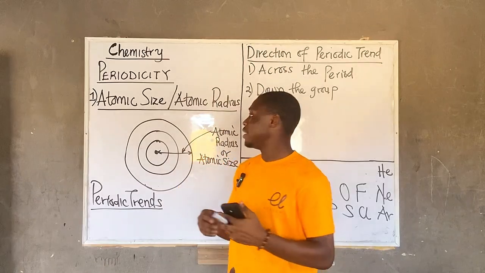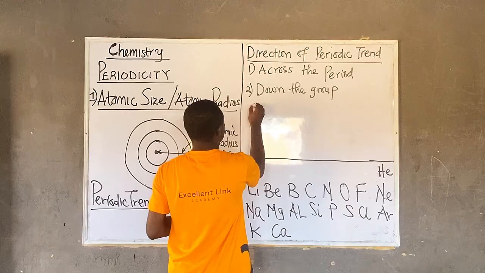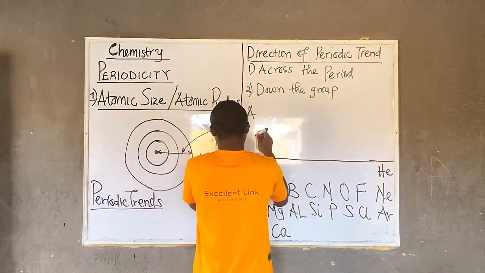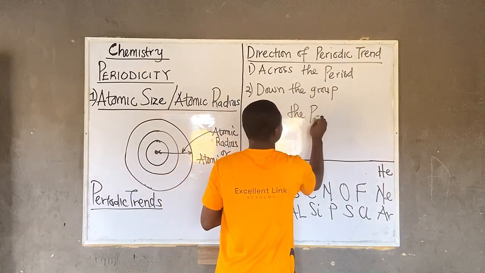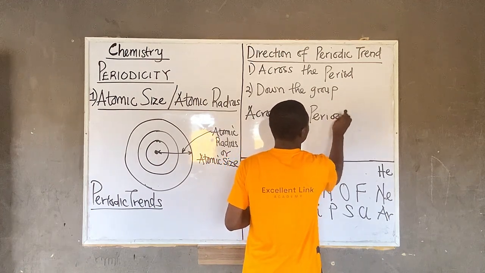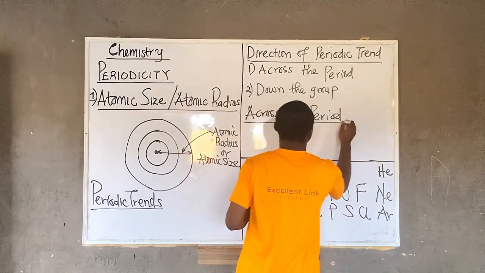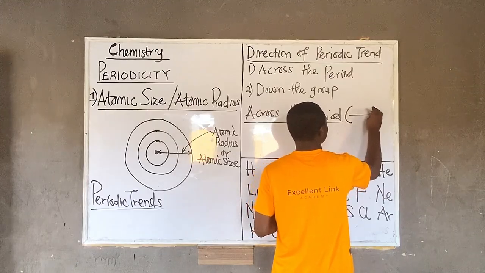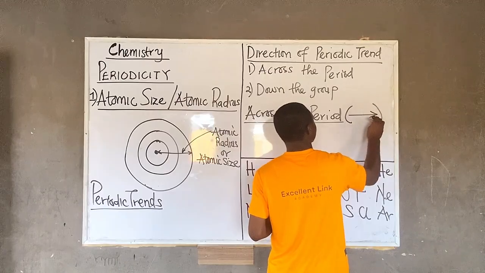So let's look at atomic size, or atomic radius, across the period. Across the period is this arrow here, either going this way or in this direction.